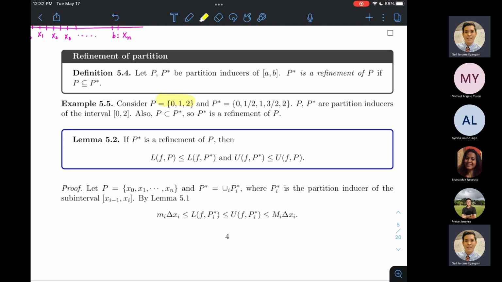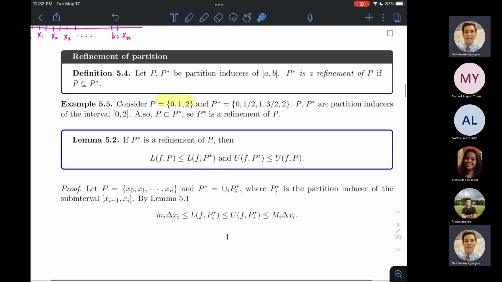So pag ni-refine mo si partition inducer P, mas marami na ka na ngayong partitioners para mabuo si P star, makakakuha tayo ng mas malaking value ng lower Riemann sum. On the other hand, pag nagkaroon tayo ng refinement, mas lumiliit naman yung upper Riemann sum. Okay?